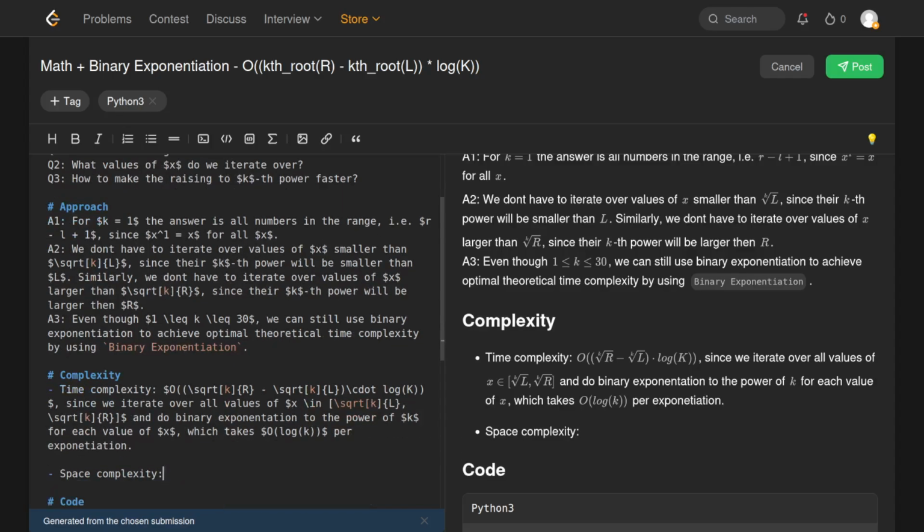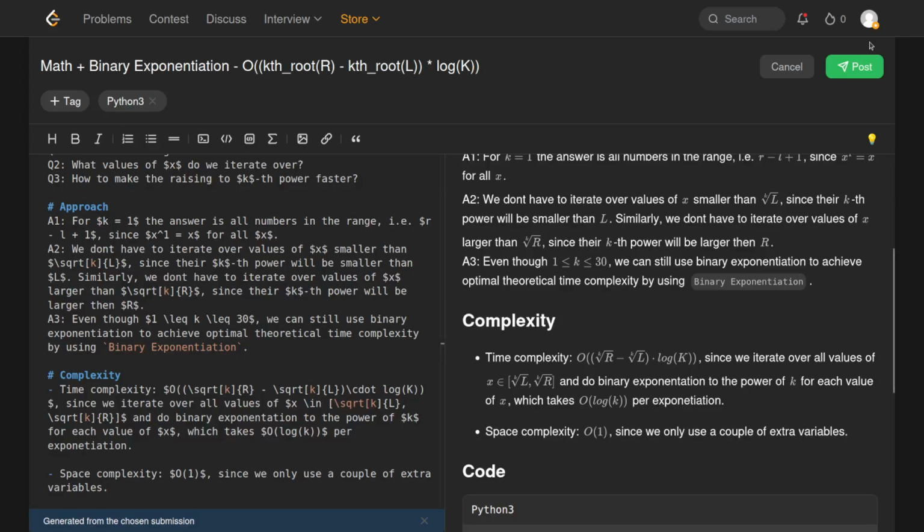Space complexity is O of 1 since we only use a couple of extra variables.